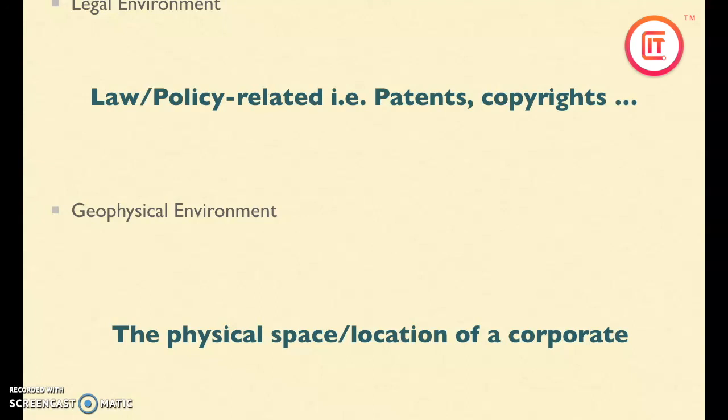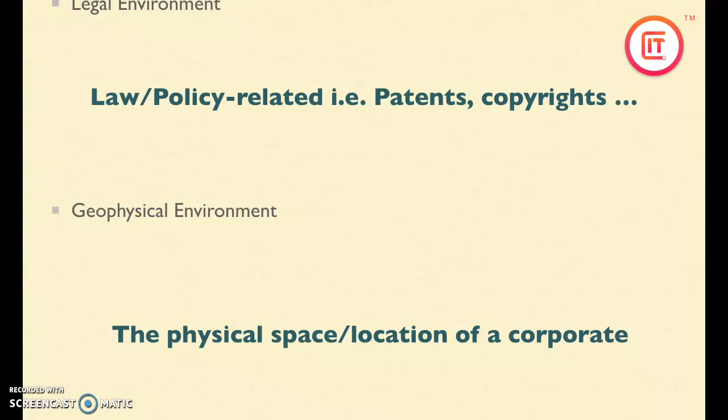It also allows managers to think about their previous move or the next move for the corporate, whether to shift into a new market or simply stay in this area for long. So they have to consider their geophysical environment, which would also help them manage public issues in a more comprehensive way.